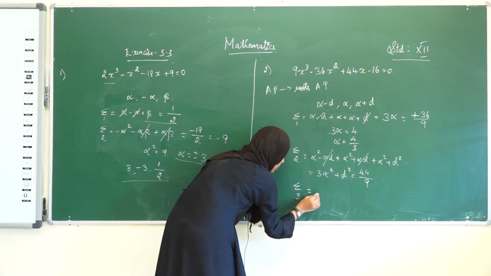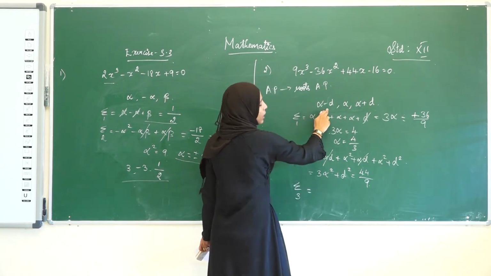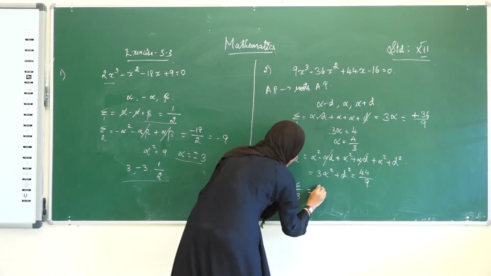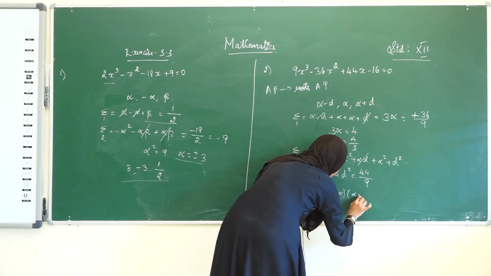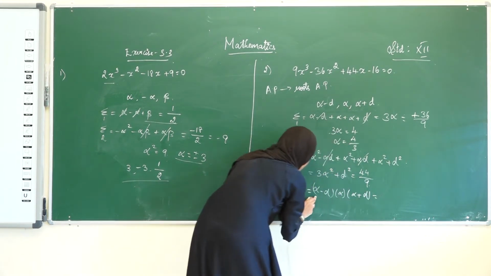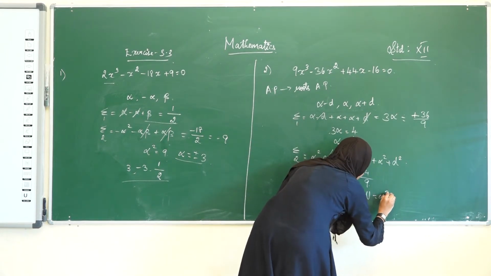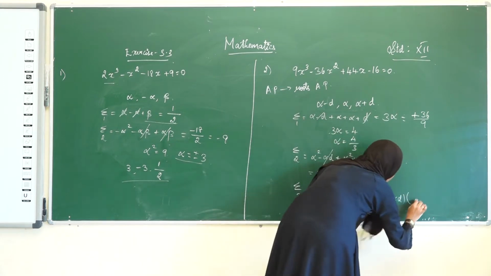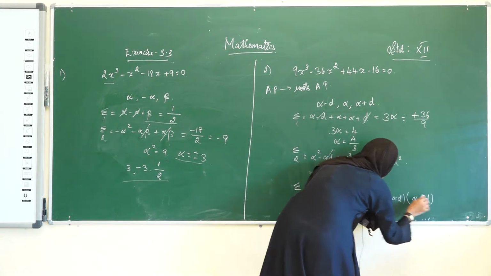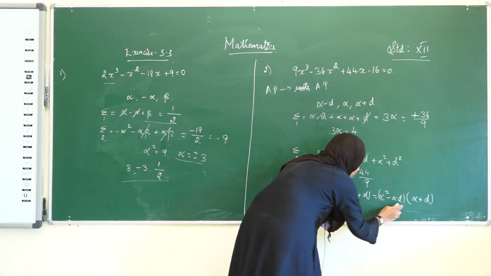Then summation 3. What's the value of summation 3? Product of the roots. Product of the roots means alpha minus d into alpha plus d. Let us multiply these both first. Alpha square minus alpha d into alpha plus d. What does it become?